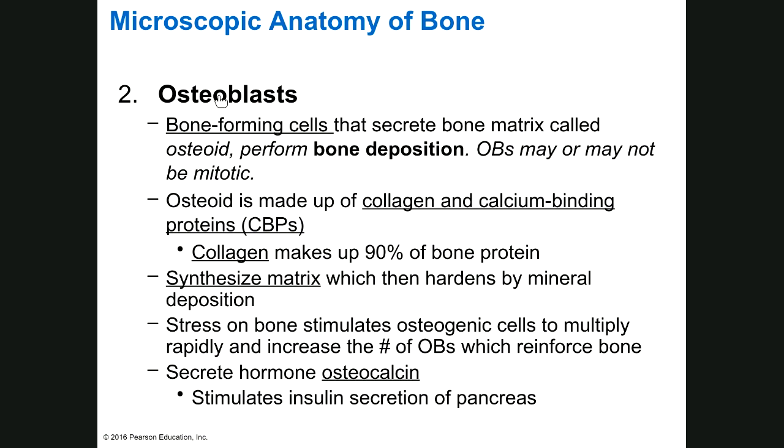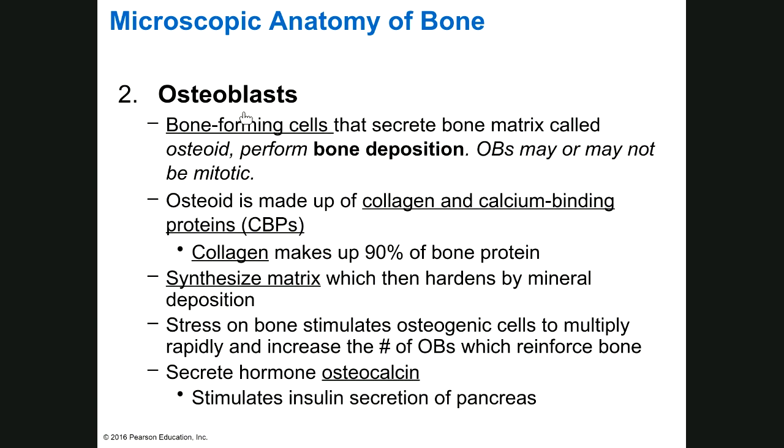So what it's going to do is make part of the matrix. It's going to actually make and secrete some of the components of the bone tissue. Now, in bone physiology, we call this bone deposition. So basically, the osteoblast is depositing bone tissue. That is really what you need to know here.